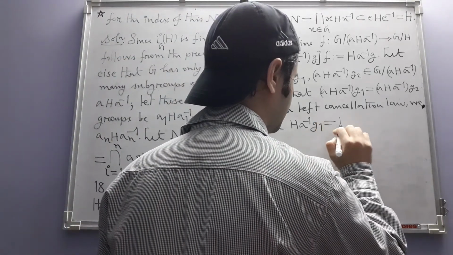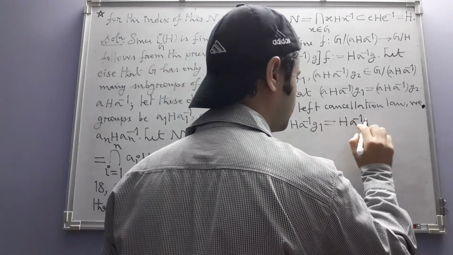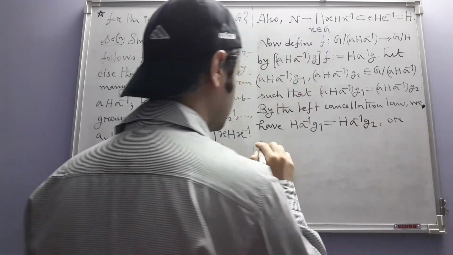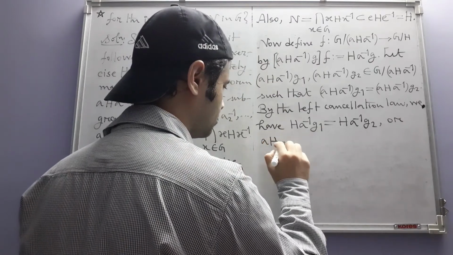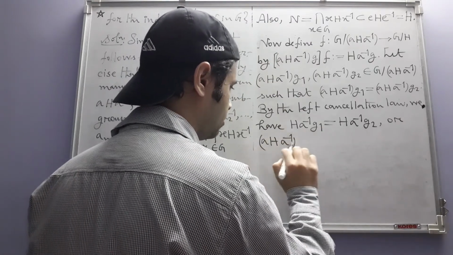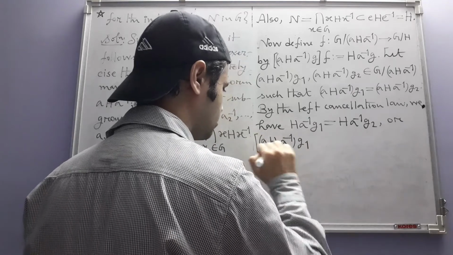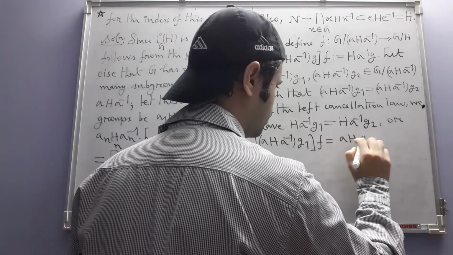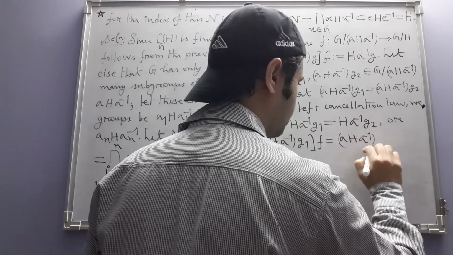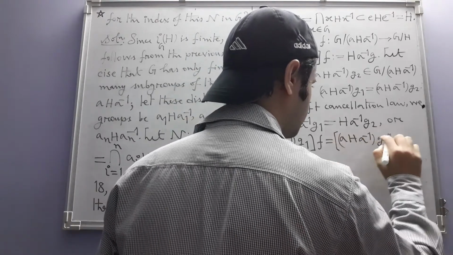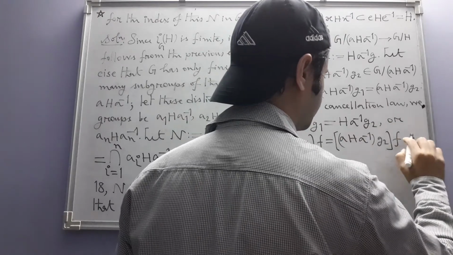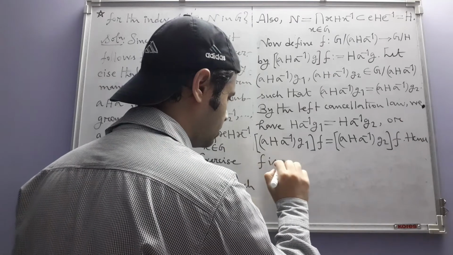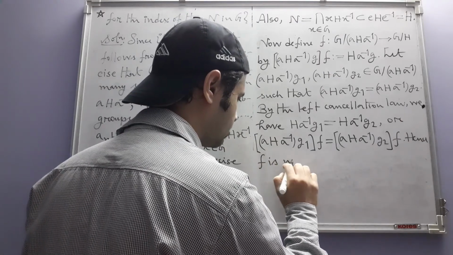And on that side we will have H A inverse g2, or the same thing, A H A inverse g1 F is equal to A H A inverse g2 F. Hence, F is well defined.